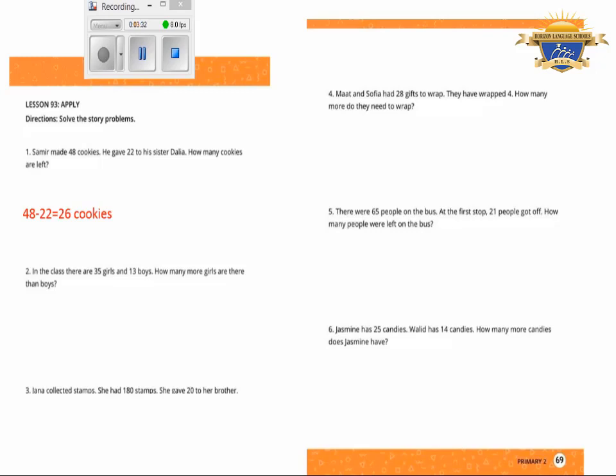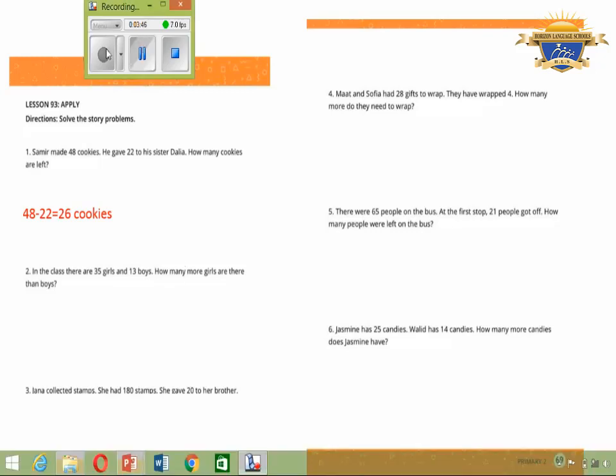Is there give, left, or leftover? I don't have any of these words, but look what I have here. I have more than. So we are asking how many more girls are there than boys.